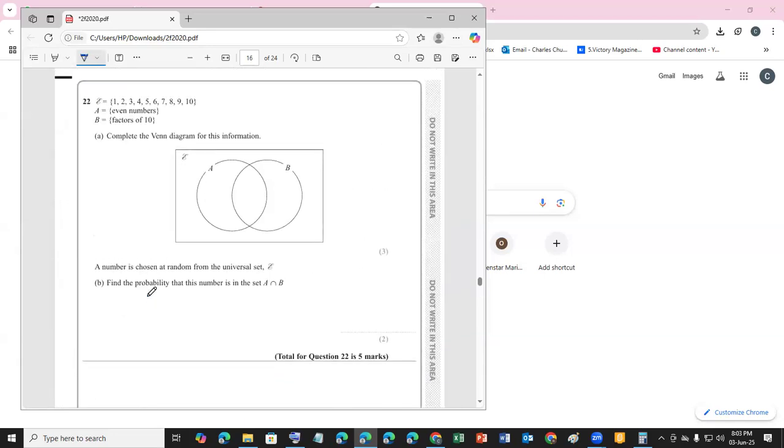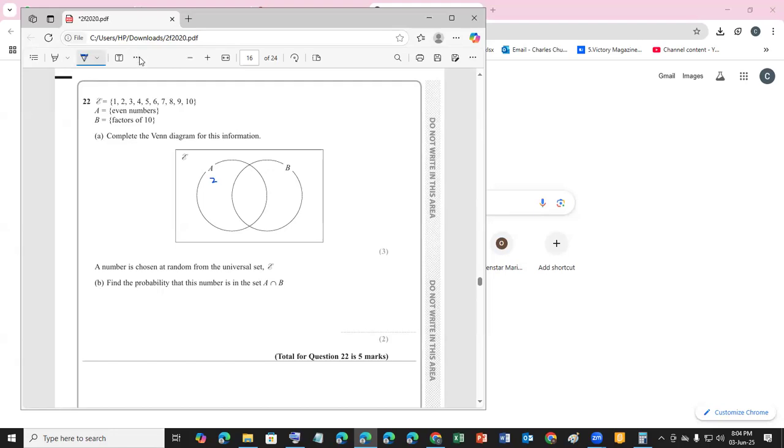Okay, so this one has to do with sets, and you have a universal set, natural numbers from 1 to 10. A is even numbers, B is factors of 10, and it says to complete the Venn diagram for this information. Okay, so even numbers, we know that's 2.